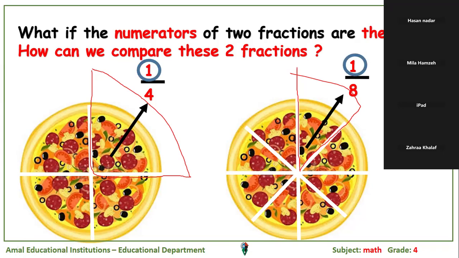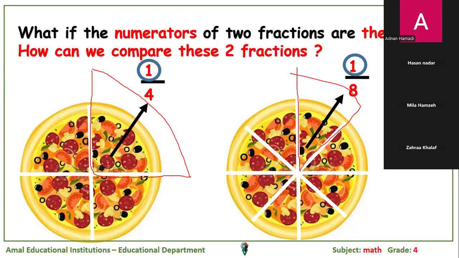The numerator represents the selected parts, or the eaten parts. Here we eat one part, and here we also eat one part. But the size of the piece in the first example is bigger than in the second example because the denominator is smaller.